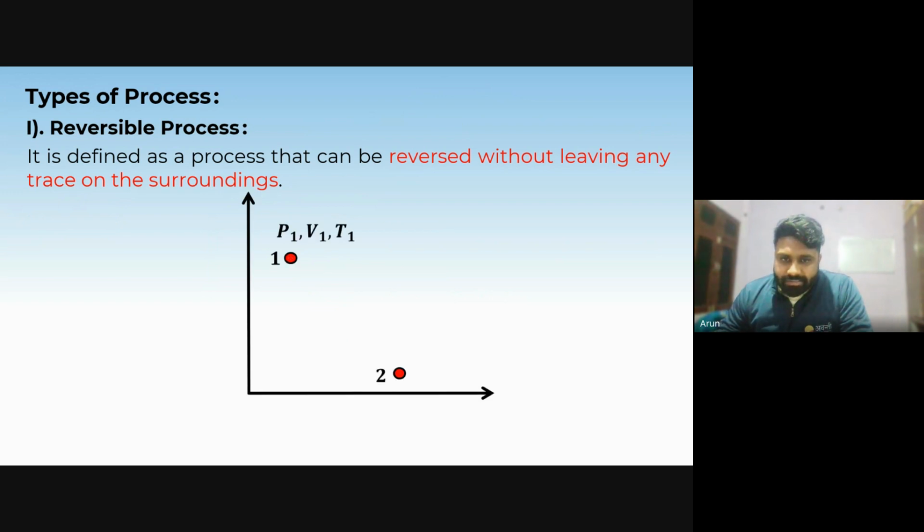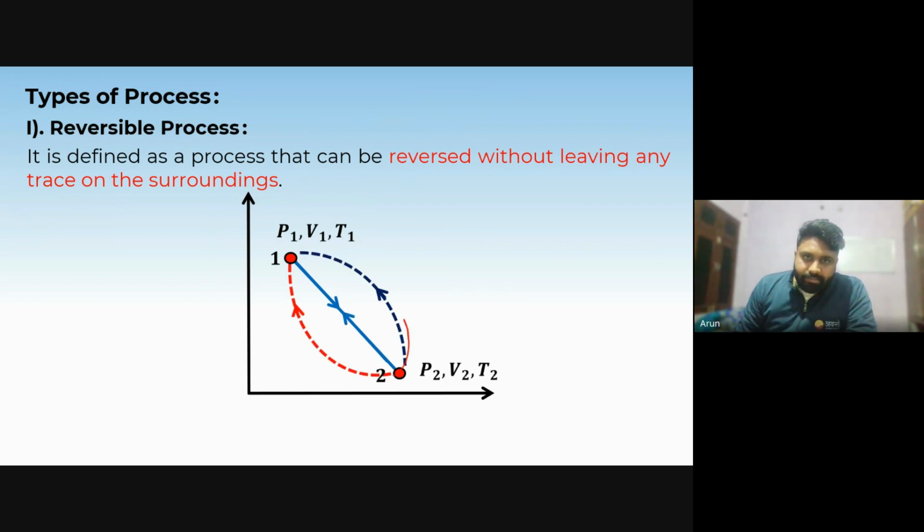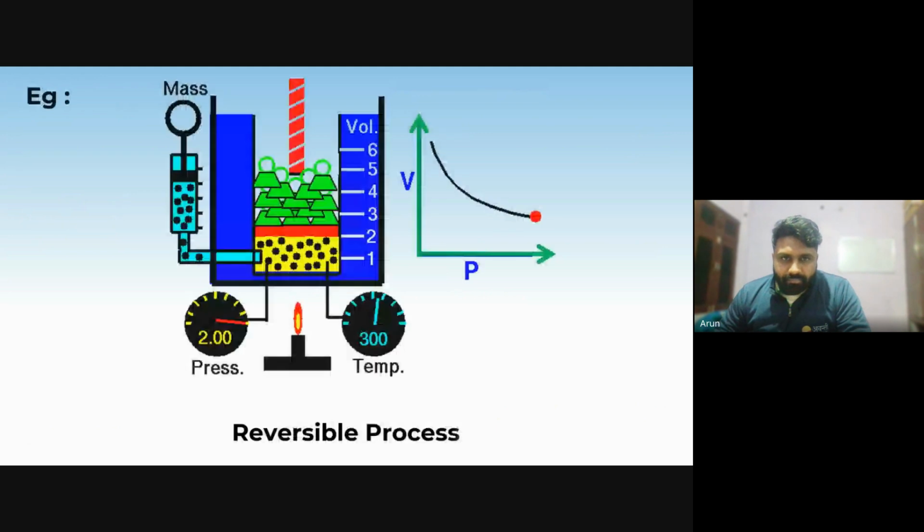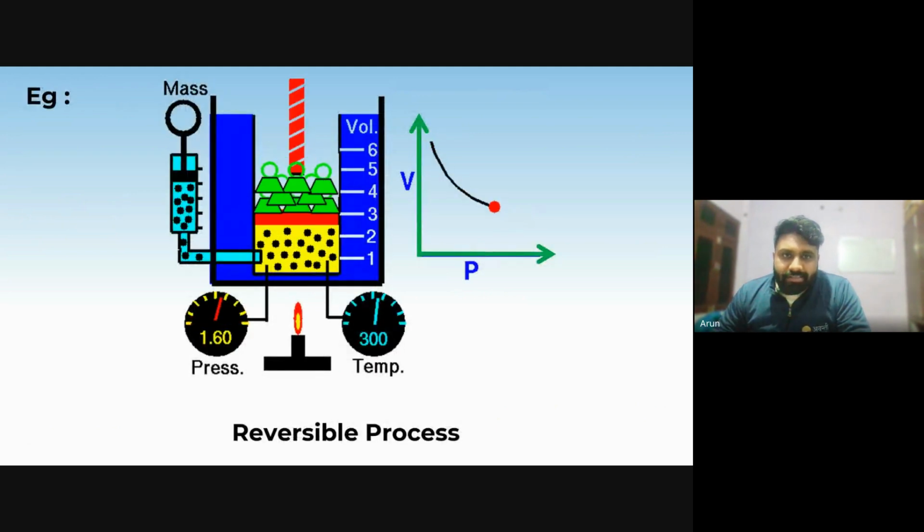This is state 1, this is state 2, this is process 1. And when you move this process from state 2 to state 1 again, then this process is termed as a reversible process. Okay? It means that the system and surroundings returned to their initial state. Got it? So you can see this.